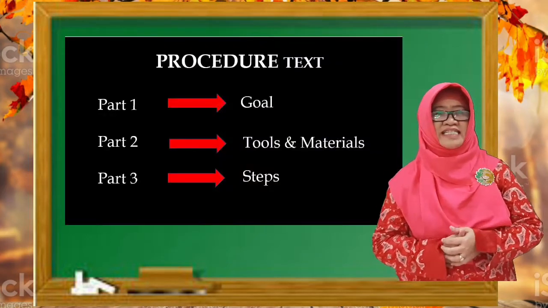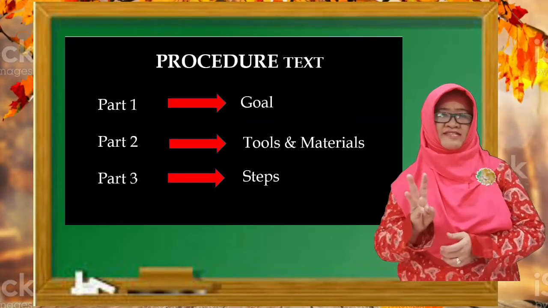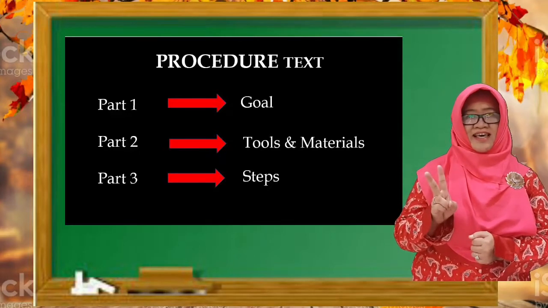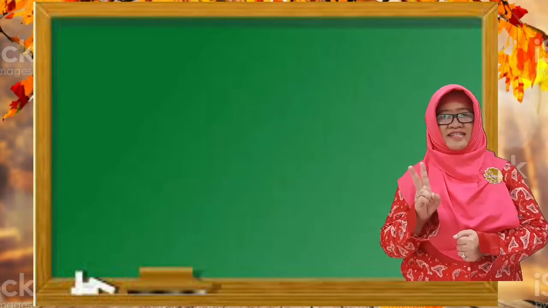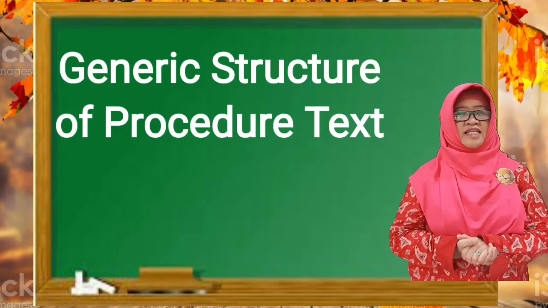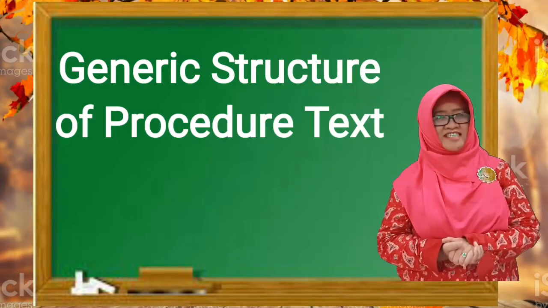From that explanation, we know that a procedure text consists of 3 parts. They are goals, tools and materials, and steps. So we can conclude that these parts are the generic structure of a procedure text.